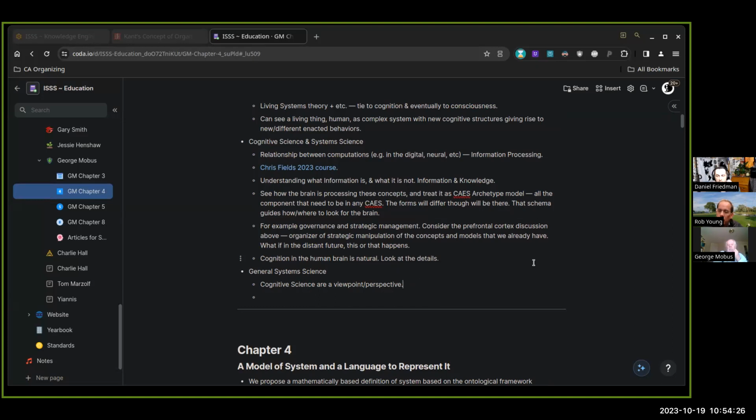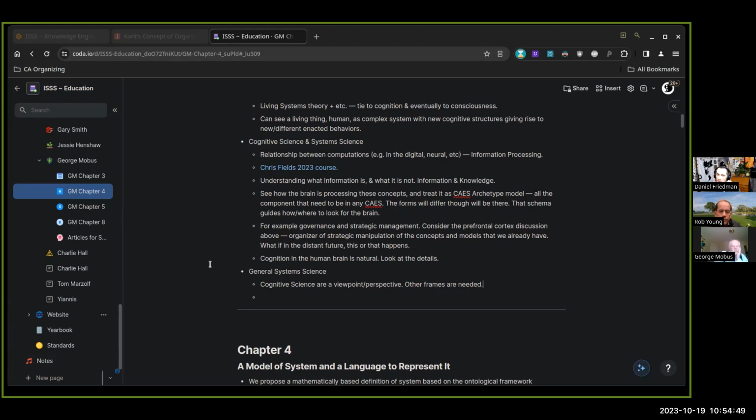You need other frames to complete the question of what it means for the conscious mind as well. So I see cognitive science as just one of the frames that system science would bring to bear on understanding the system of interest, the system.